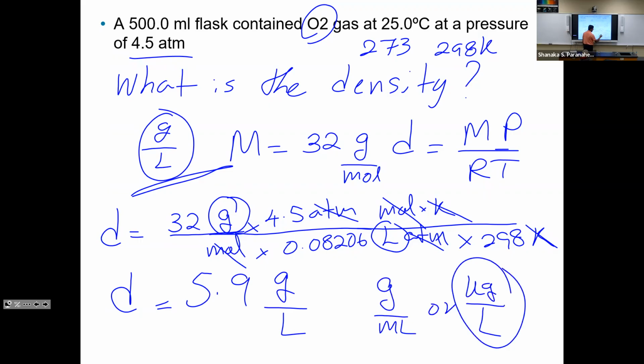These are the most common units for density. We know the density of water is 1 gram per milliliter, but we can't compare this answer with that because it's per liter. Keep that in mind. So it's a kind of uncommon unit for density. Okay, let me give you another question.